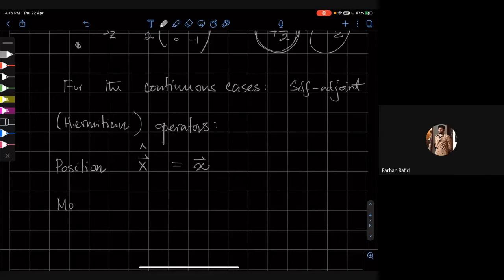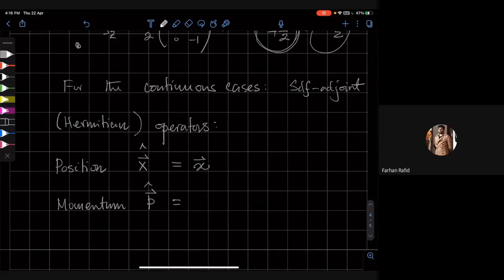The momentum operator, which is denoted by P. So these are vector operators, right? Because they have three components. And that's what I mean by this arrow. Not all operators have to be vector, as we shall see.